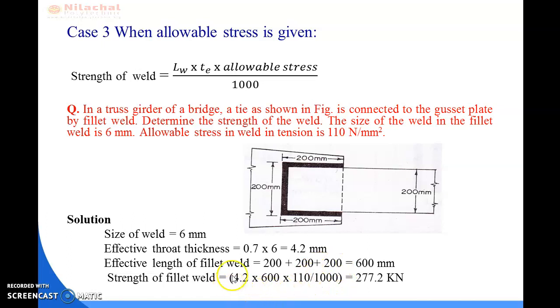By calculating all these values, we get 277.2 kilonewton, which is the strength of the fillet weld. So in this way, you have to calculate the strength of the weld in case of a welding connection.